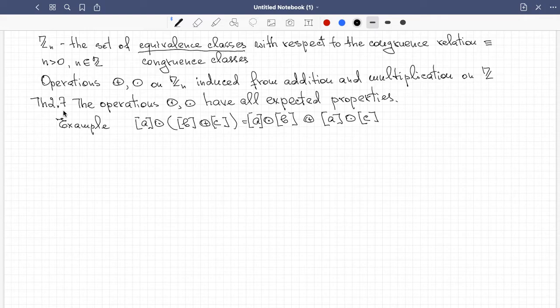Again, as soon as you understand the notation, this is nothing but using the definition of these operations to prove the properties. Now, a word on notations.